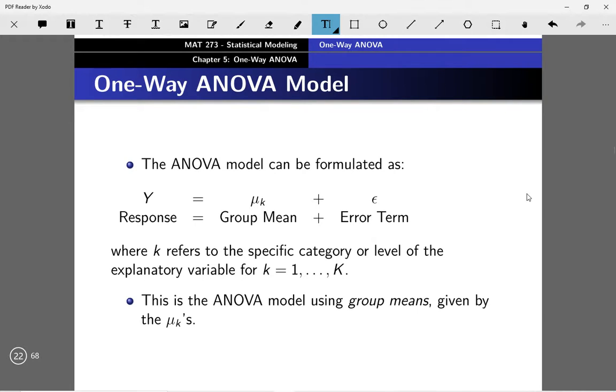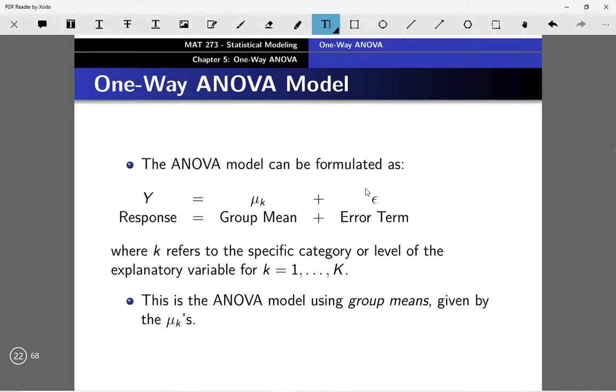So this is formulated as, for the one-way Anova model, we're assuming our response for each observation is equal to a group mean. So for example, we had mean Augsburg student GPA, and then plus some random noise, some error term here. Because not every student within Augsburg has the same exact GPA.